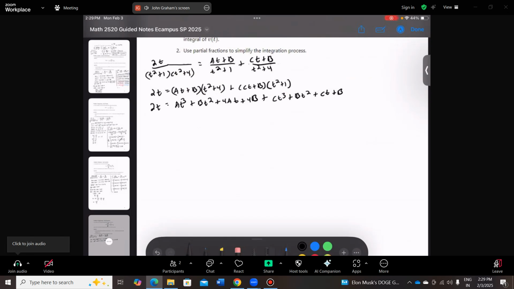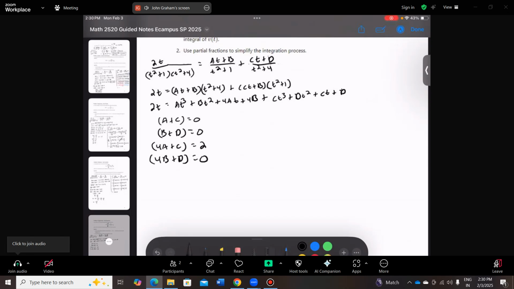So a plus c equals 0. Oh, that should be a d over here. Let me rewrite this, because I can't use the same letter. They're different values. That should be a d. Okay, so b plus d also equals 0. Then 4a plus c has to equal 2. And then 4b plus d also has to equal 0.